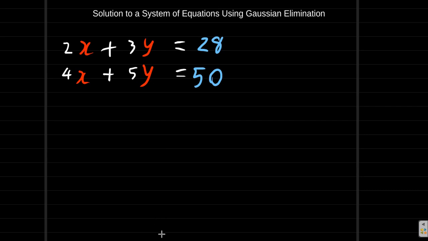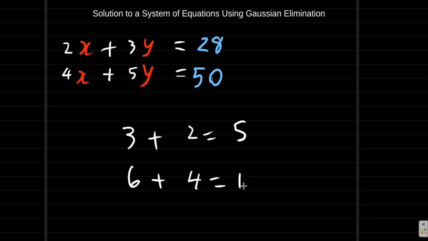Now remember, you can always multiply an equation by a number, and you get another valid equation. Like 3 plus 2 is equal to 5. You can multiply throughout. Say we multiply everything by 2. 2 times 3 is 6, plus 2 times 2 is 4, equals 5 times 2 is 10. And it is true that 6 plus 4 is 10. Alright?